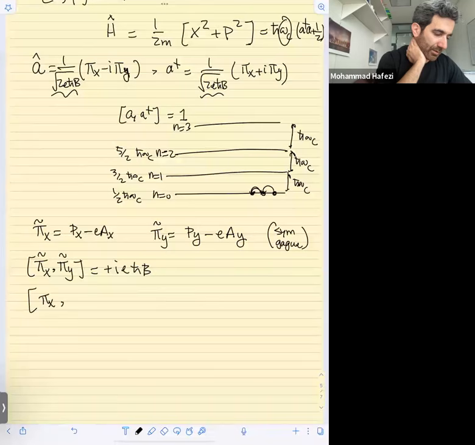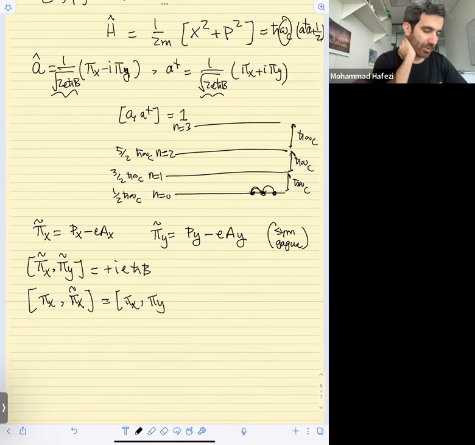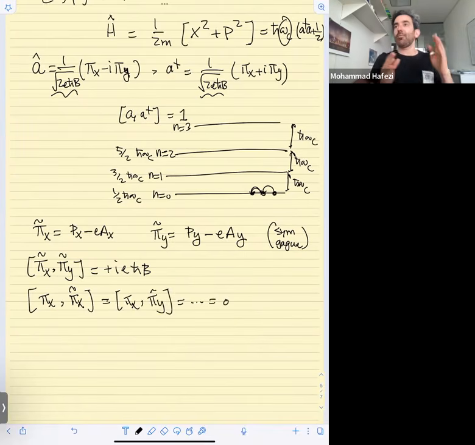This pi x tilde commutes with the other ones, so all the other commutators are 0. Pi x and pi y would give me i, pi x tilde and pi y tilde would give me i, but all of the other ones would be 0.